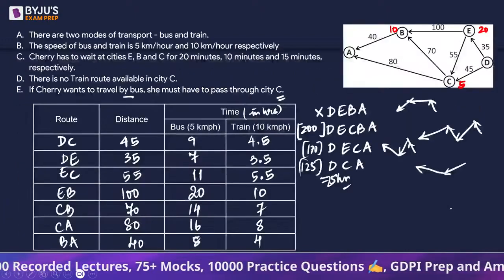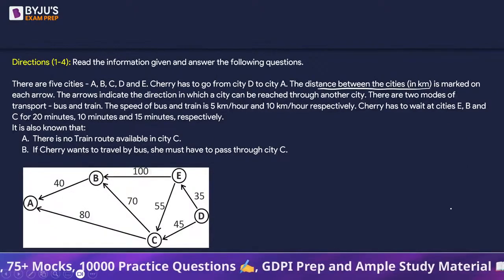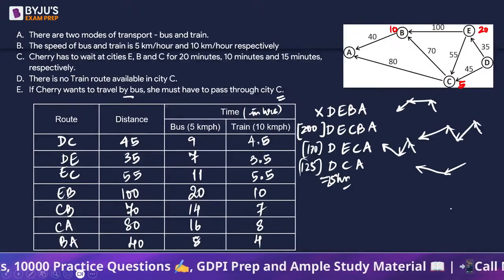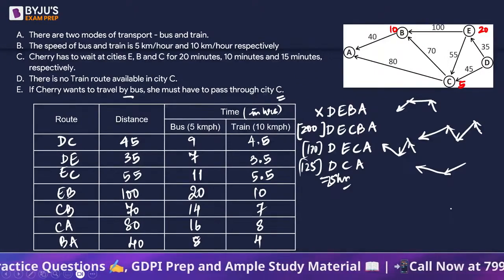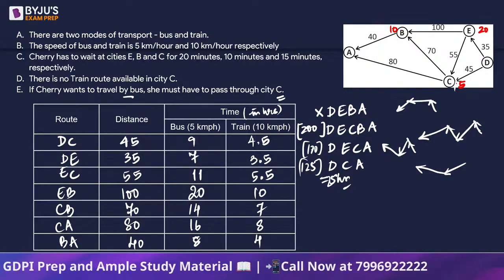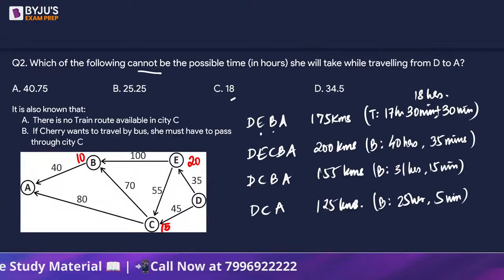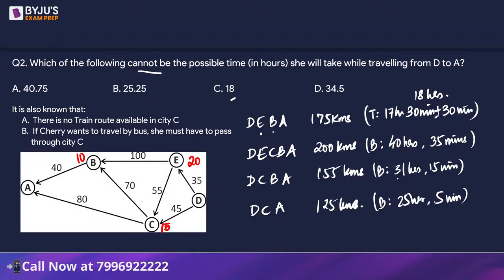20, 10 and 5. Acha, 20, 10 and 15 it is. Sorry, it's 20, 10 and 15. That's what I was thinking, ki, what is the mistake that is happening? So this is going to change by 10. So this is going to give us 45 minutes.